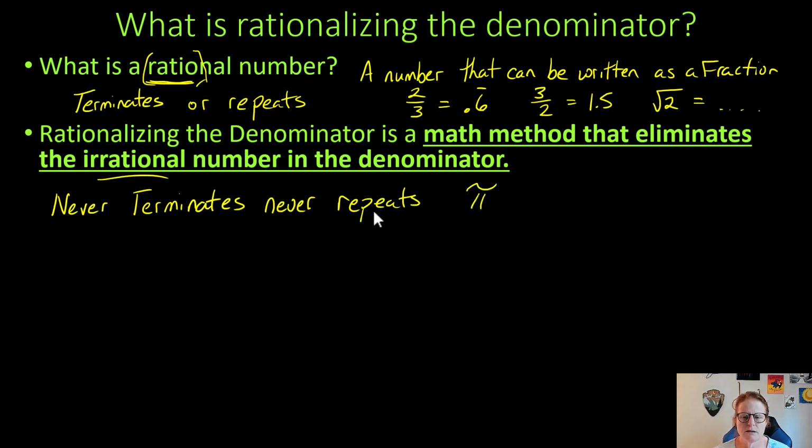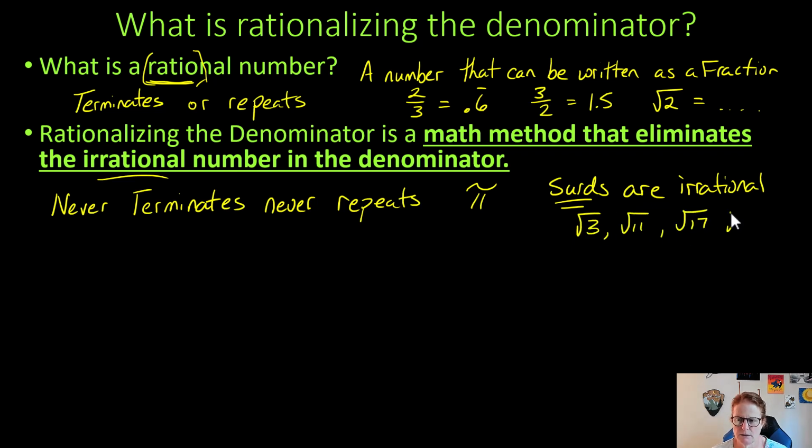But surds are irrational. If it is not a perfect square, like the square root of 3, square root of 11, square root of 17, square root of 213, these are all surds. Surds are irrational.